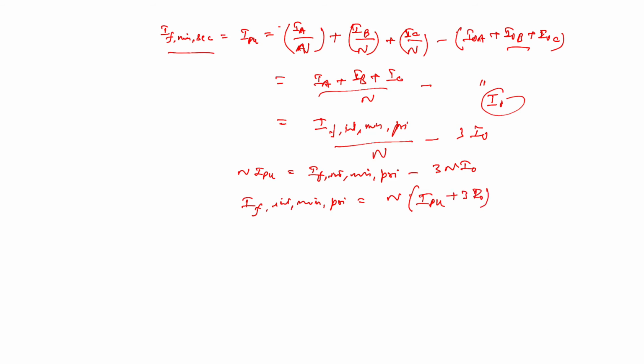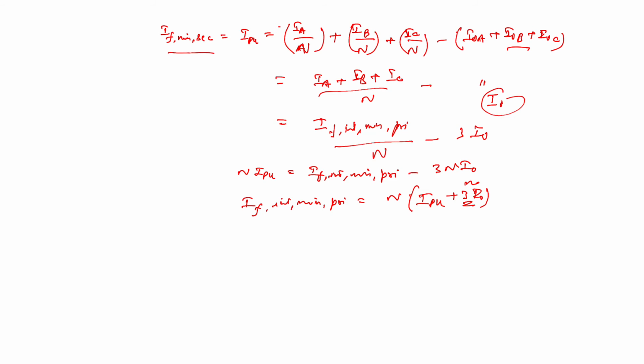Here there are 3 feeders terminating on the bus. So for the general case of N feeders terminating on a busbar, the minimum internal fault current that can be detected by the high impedance busbar differential scheme is given by replacing 3 by N, and that is the final expression.